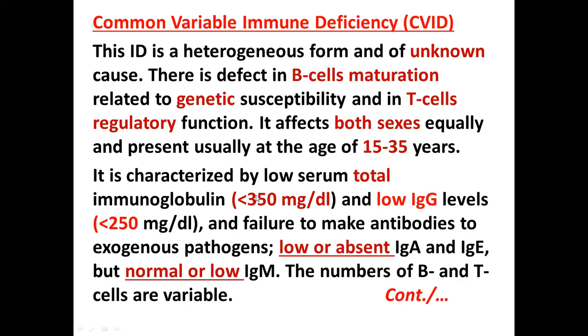Normal value. Low IgG level, less than 250, and failure to make antibodies to exogenous pathogens. Low or absent IgA, IgE, but normal or low IgM. The numbers of B cells and T cells are variable. That is why it's called common variable.